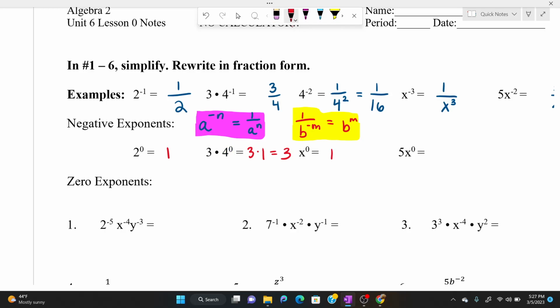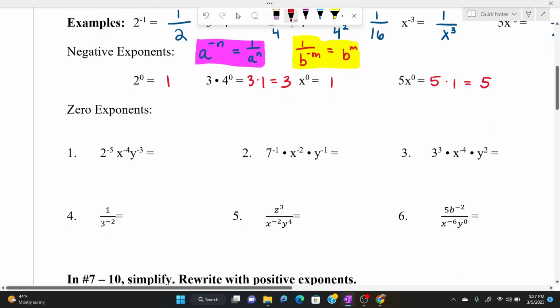X to the 0 is 1. This is 5 times x to the 0th is 1. 5 times 1 is 5. The order of operations applies here, so that's why I am evaluating the exponent first and then doing the multiplication.